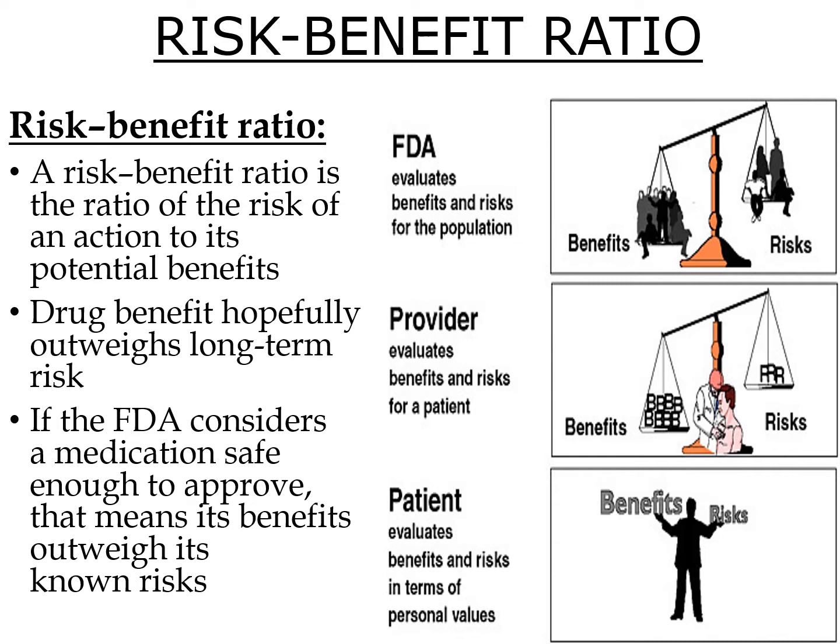And then the patient themselves needs to decide what the risk and benefit of a potential medication is. So there's different levels of risk benefit. FDA at a very high level, the provider at an intermediate level, and the patient themselves deciding, do I want to have this? Should I be taking this drug or not? Okay.